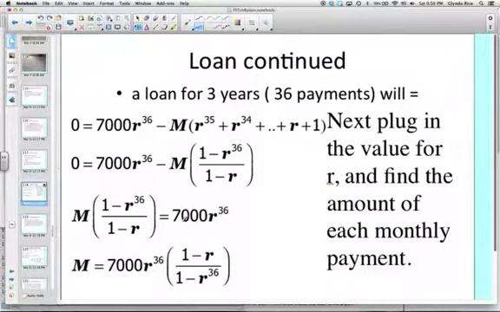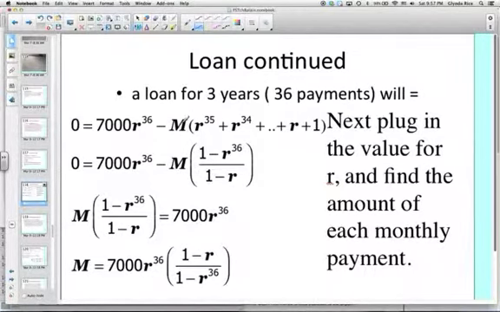So here we go. If your loan is for 3 years, that's 12 months in a year, 3 times 12 is 36 payments. In order to have a zero balance, you're going to start with $7,000. You will have had 36 months to pay it off, minus M times, now these are all the M's.